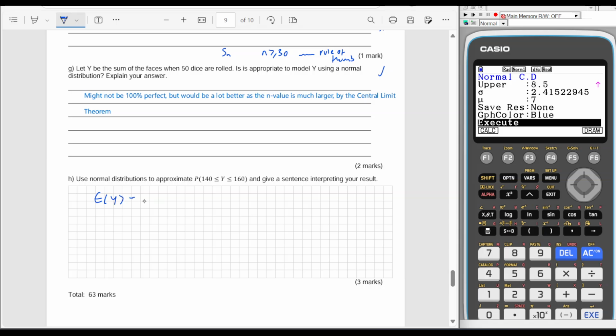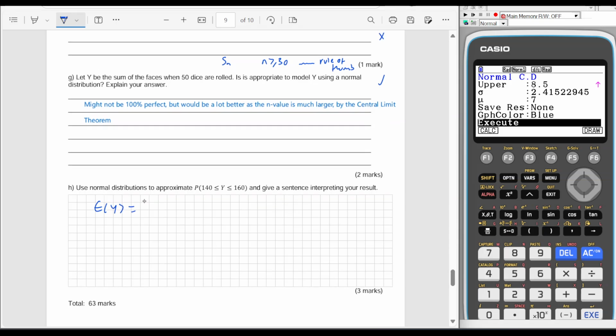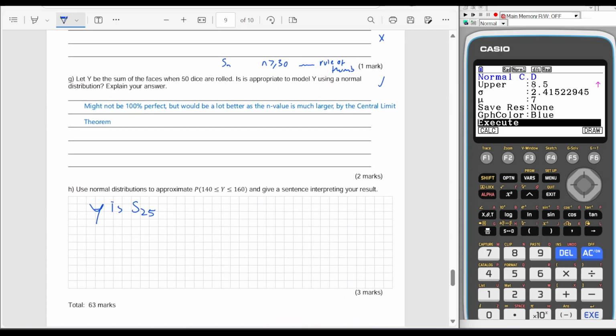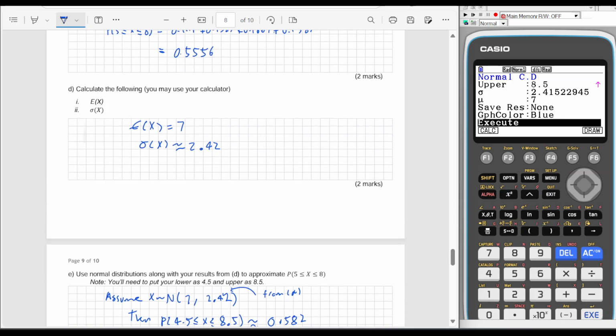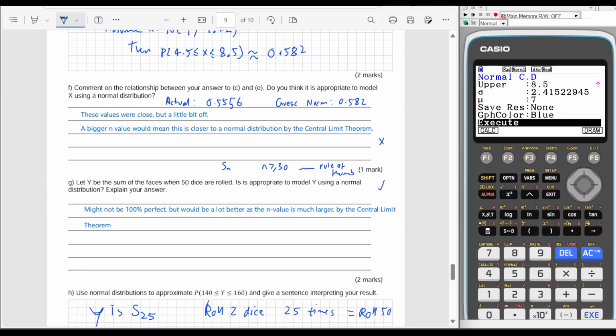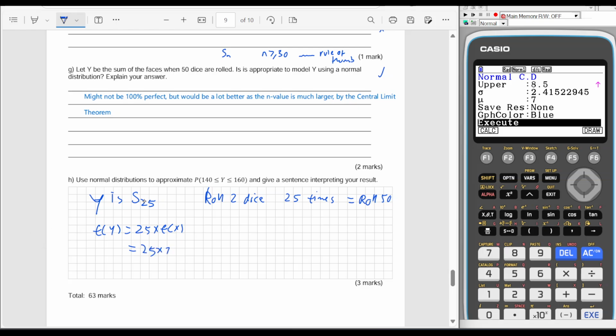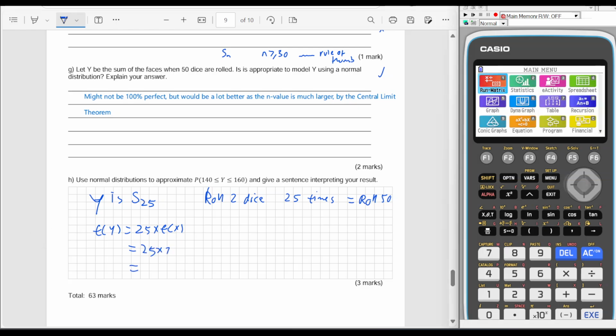So expected value of y is, well, y is S_25. So if we roll 2 dice 25 times, that equals rolling 50. So expected value of y is 25 times the expected value of x. And let's see, that was 7. So that's 25 times 7. And we can work out what that is.